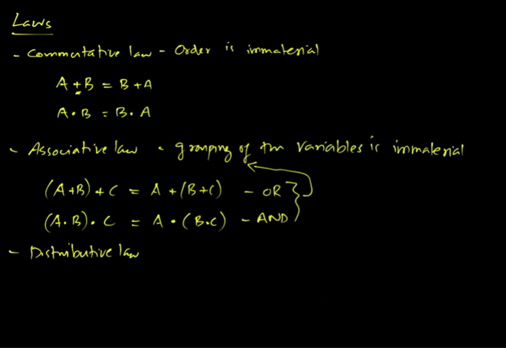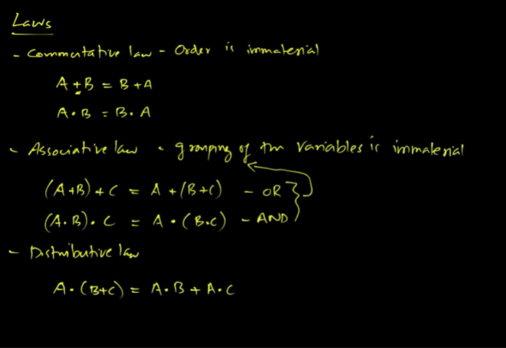If you have three variables A, B and C, and you want to logically AND A with the result of the logical OR operation of B and C, that will be the same as distributing A to B and C separately, that is, (A AND B) OR (A AND C), which gives the same result.